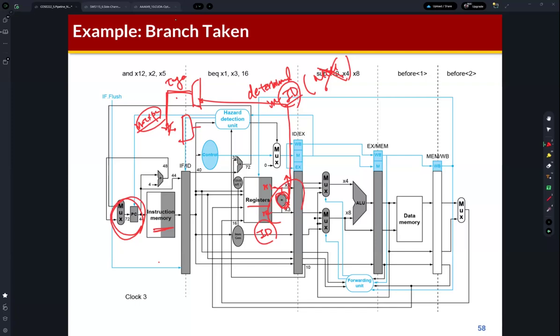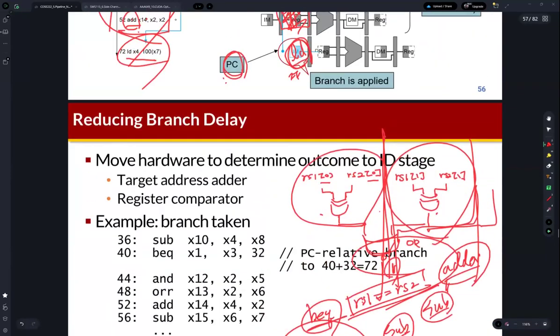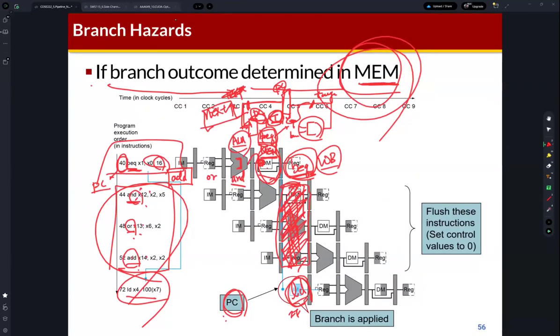You can just understand it like this. If the branch is determined in the memory stage, then there are 3 instructions, right? And the result of a branch will be reflected when the branch is in the write back stage.